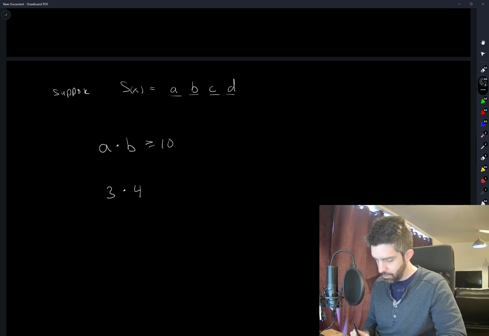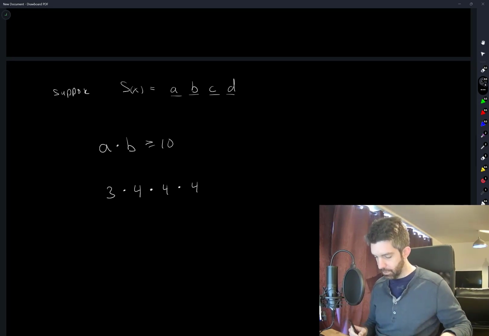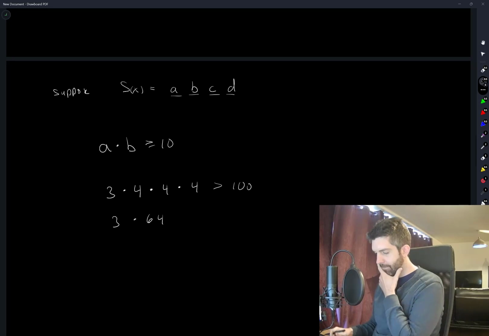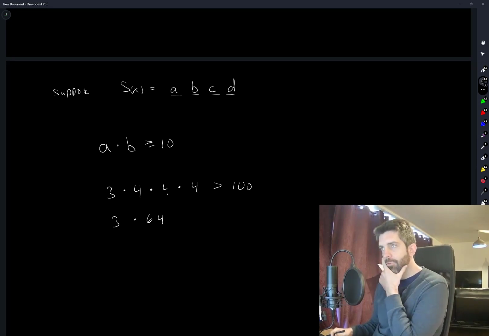The next one could be a 4. And the next one could be a 4. And the next one could be a 4. What does this equal? That's greater than 100 again, right? This is 3 times 64. Starting to think the answer really is 455, or so S of x, so x has to be equal to 100.